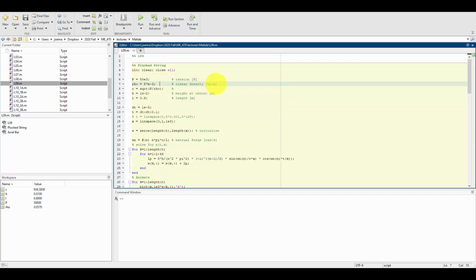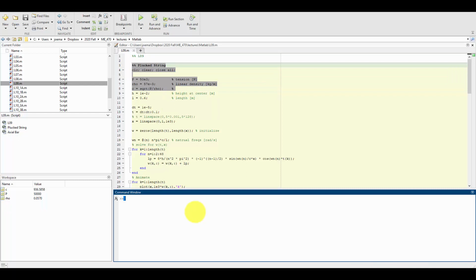Remember, this was the linear density that we were given, 57 grams per meter, so 57 times 10 to the negative third kilograms per meter. And then we can calculate that C. Remember, C for a string is the square root of P over rho, where rho is the linear density. So let's see what that C value is. We got 936.5, and we'll be using that in a second.